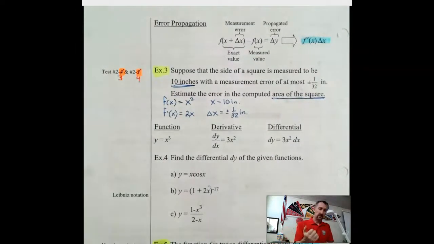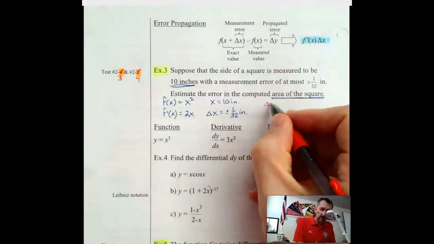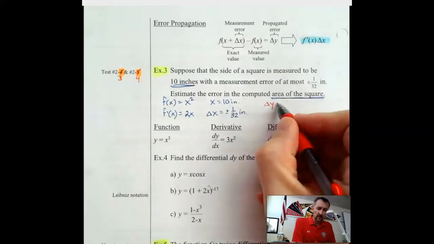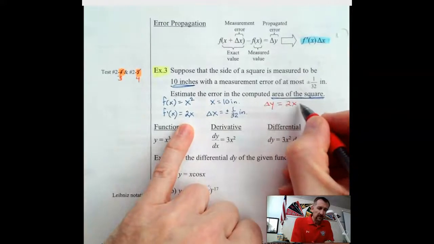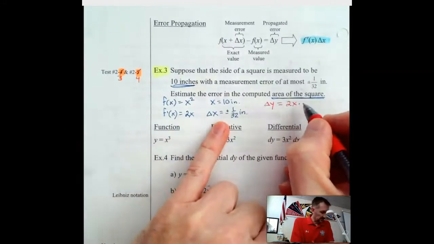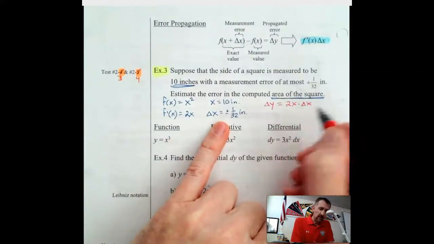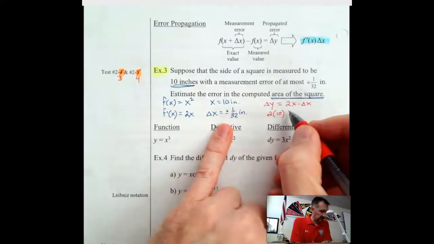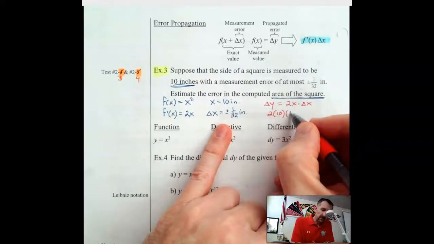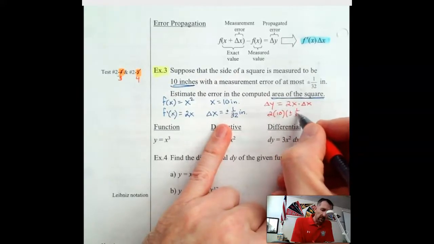So, if we look at delta y, it is the derivative, which is 2x, times delta x. So, x was 10, and delta x was plus and minus 1 over 32.